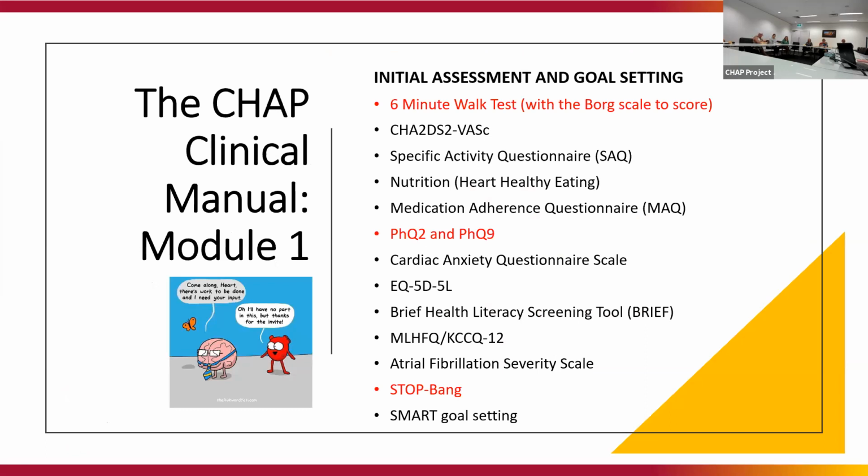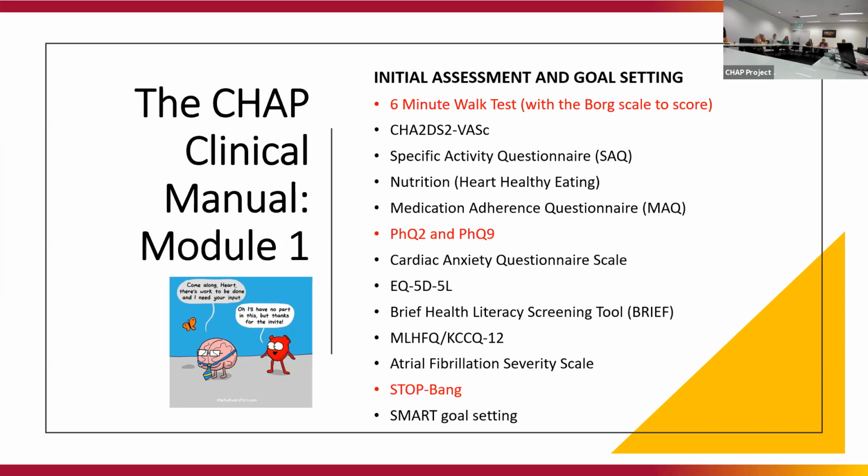Those of you who are as familiar with the CHAP clinical manual as I am know that Module 1 covers a range of new assessments and old assessments which are used when first interacting with cardiac rehab patients. I have a list of the ones I'm going to cover today, and I've highlighted 3 of them as ones that you may already be a little bit familiar with. We've got the 6-minute walk test first, because I'm going to hand over to Tracy and let her speak to that slide.